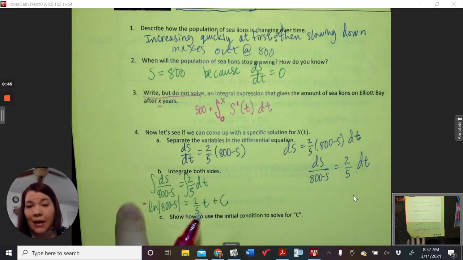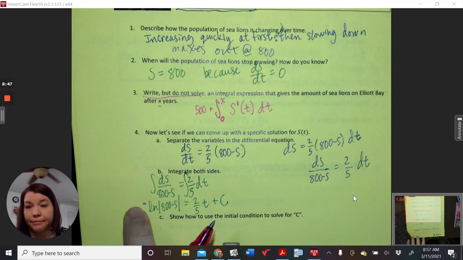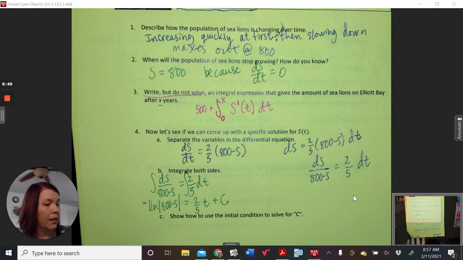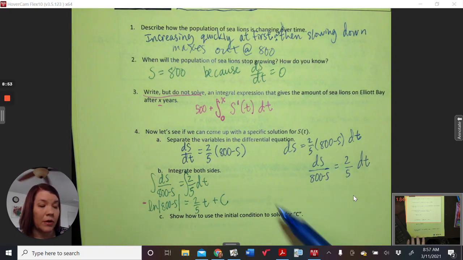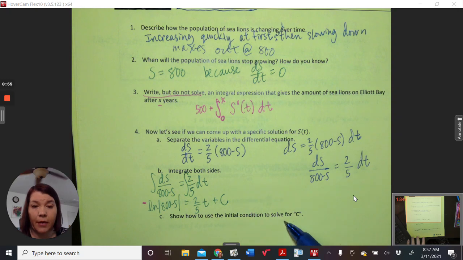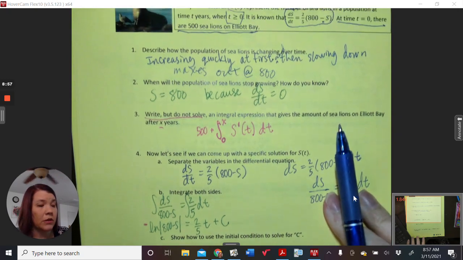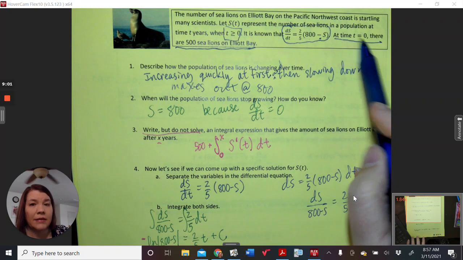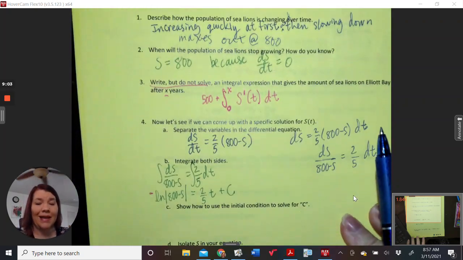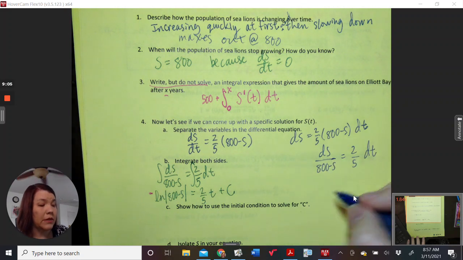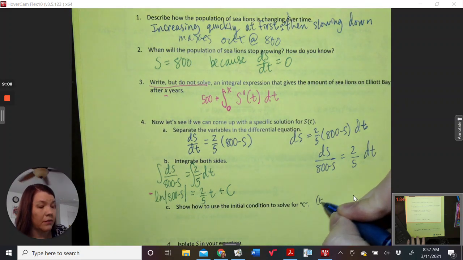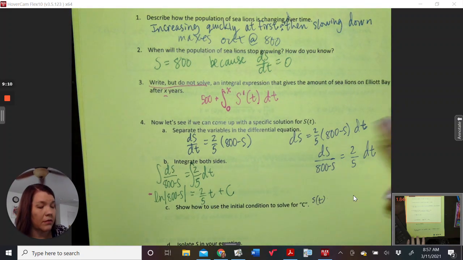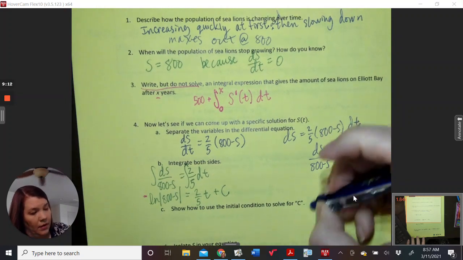Now we're going to solve first for c. We're going to take our initial condition, which we used up above, but now we're going to use it again. At time 0, there are 500 sea lions on Elliott Bay. So s of 0 equals 500.